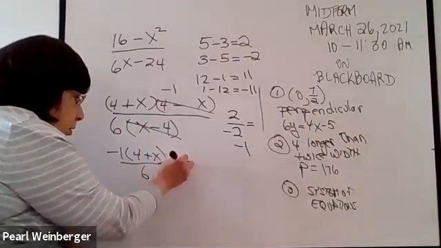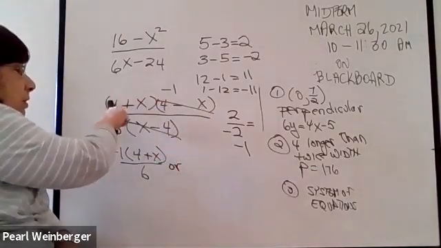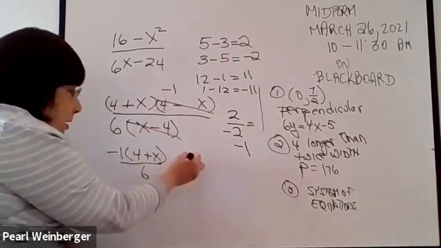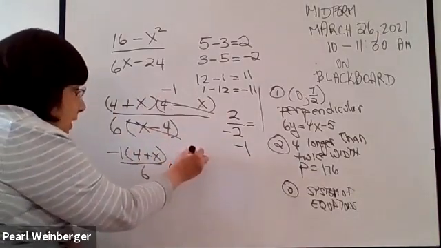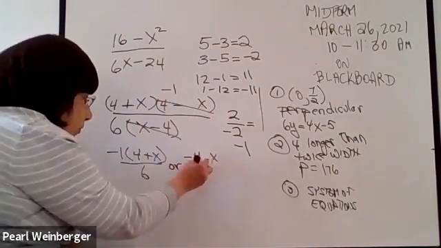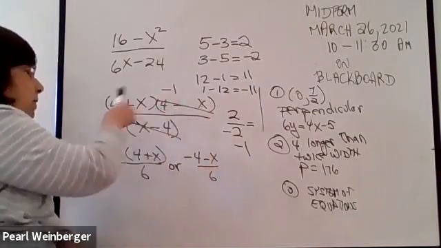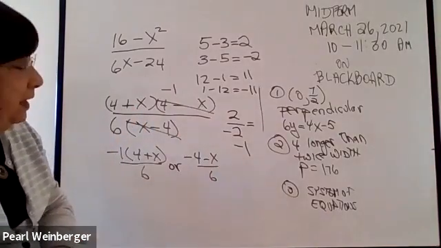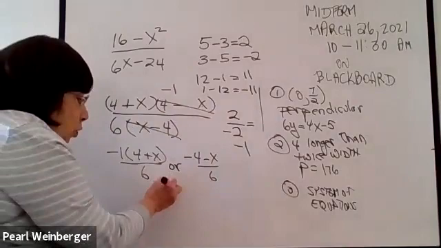Or we could have distributed out the -1 and done -4 minus x over 6, just multiplying both terms in the parentheses by -1.